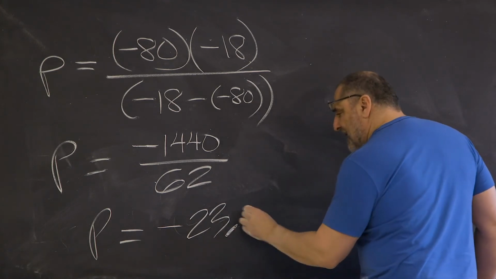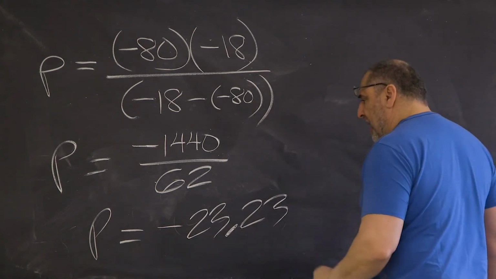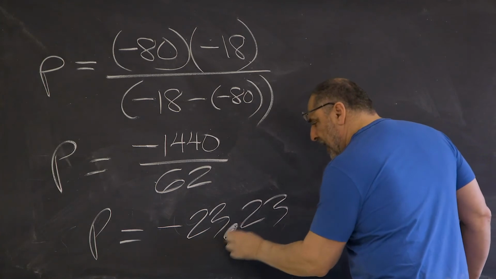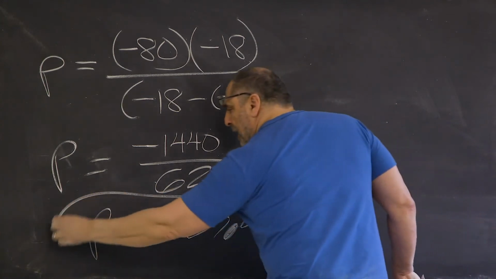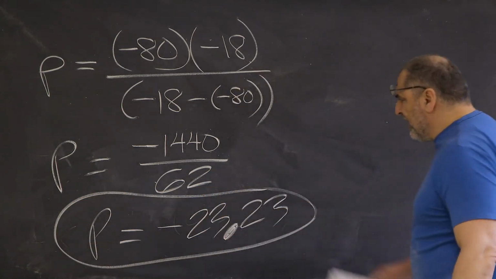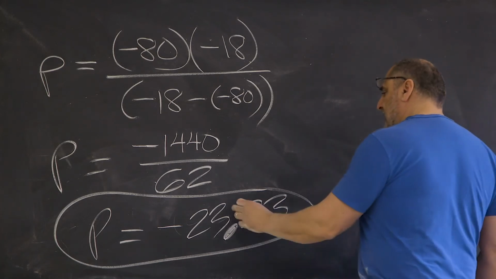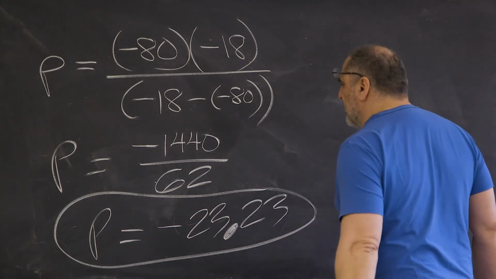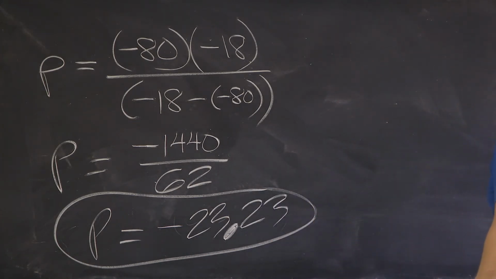Again, check my math. I'm really in a hurry, and I know everybody is, we're all in kind of bad times right now, but I think the math is on. If you were to take negative 23.23 and multiply it by 62, you should get in the ballpark of negative 1440. So there it is.